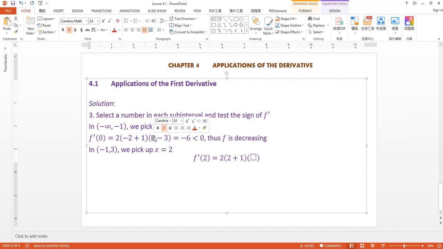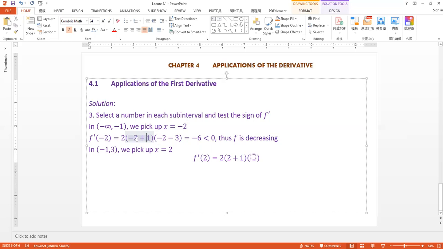So I'll get -2 for x. So now we get 2 times (-2 plus 1), which is -1, times (-2 minus 3), which is -5. So 2 times -1 times -5.